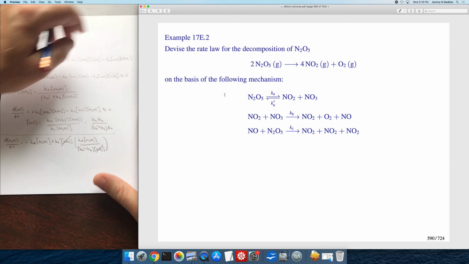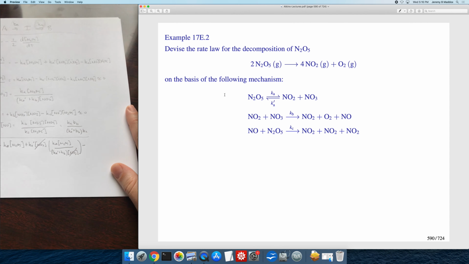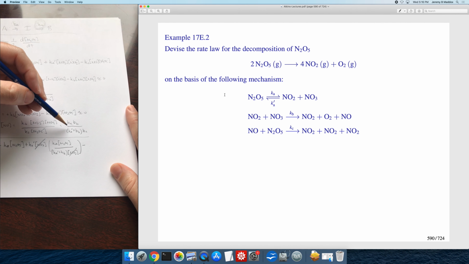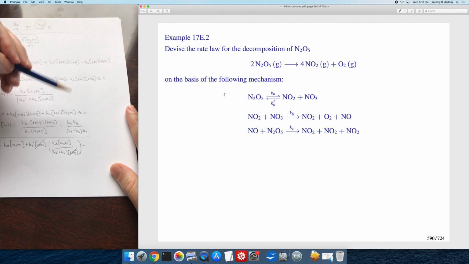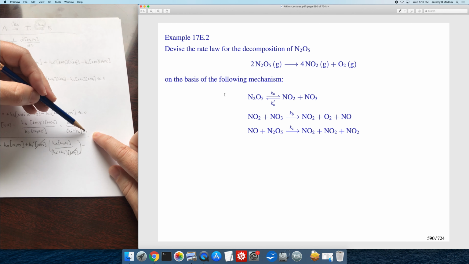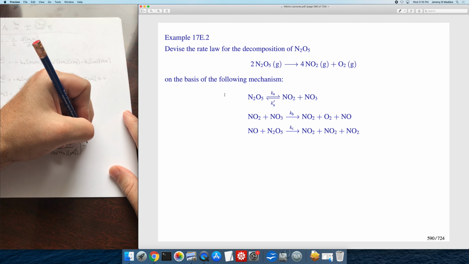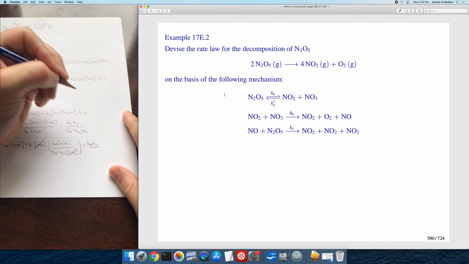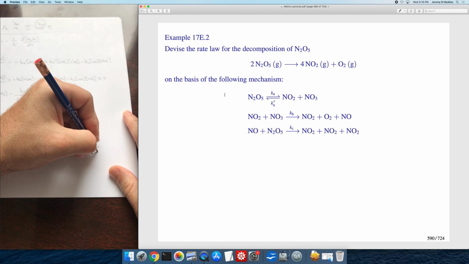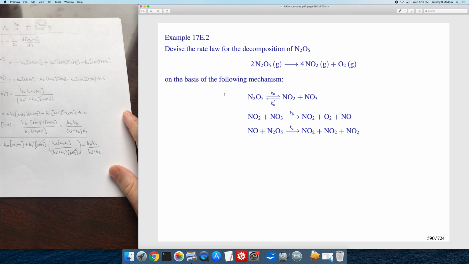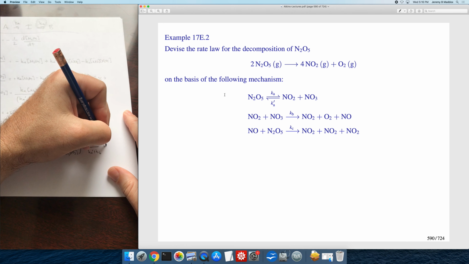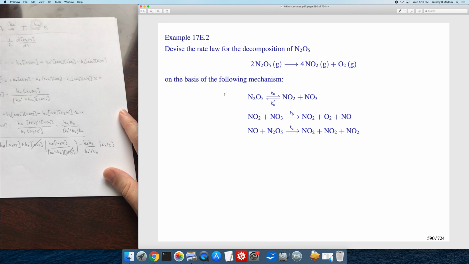We've got one more term here. We're going to have minus Kc times that. We notice there's a Kc in the denominator here, so I'm just going to go ahead and cancel it out. So we'll have Ka Kb over Ka prime plus Kb, and then it'll be times the N2O5 concentration.